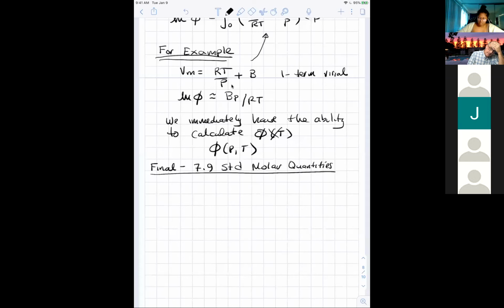But let's think about this for a minute, right? Because we know that the standard state of a gas, right, is hypothetical. But now that we've defined this thing called fugacity and we have it in terms of the chemical potential, we'll use chemical potential.